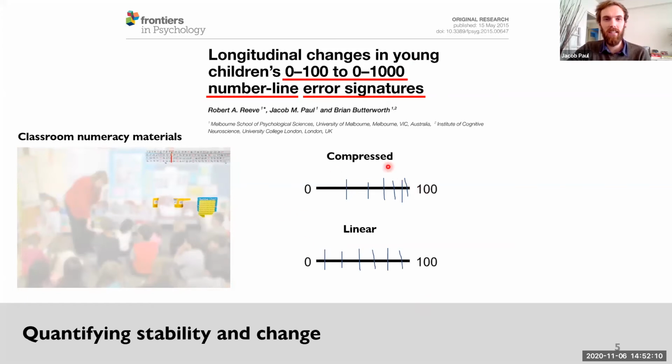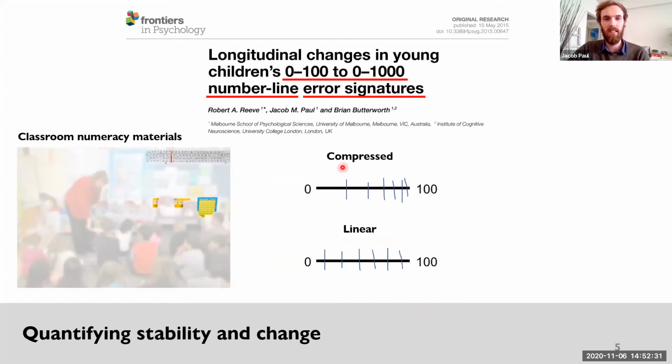Early on, they don't tend to understand the fact that this line has the capacity to represent numerical entities as linearly spaced as they are in a number sequence, but instead, potentially they understand this as a spatial metaphor for magnitudes.